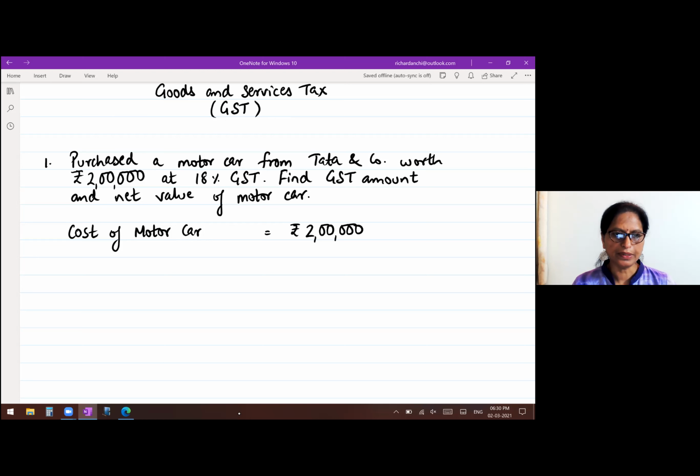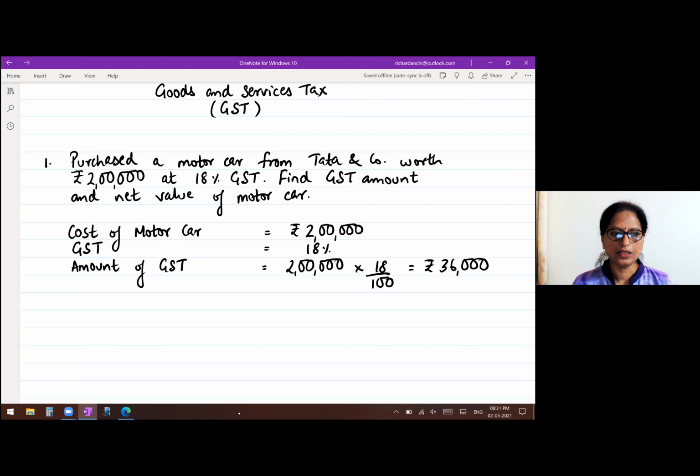GST is 18%. It is given in the question. So now we will calculate that amount of GST is equal to 2 lakhs into 18%, 18 upon 100, that is equal to 36,000. So we have got the amount of GST.